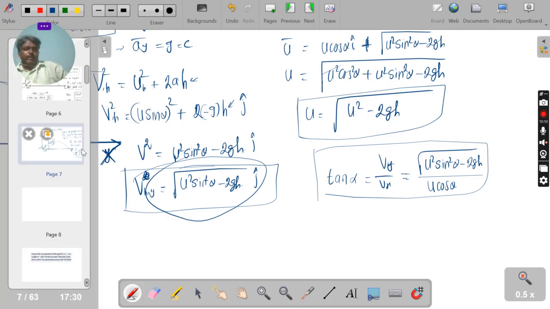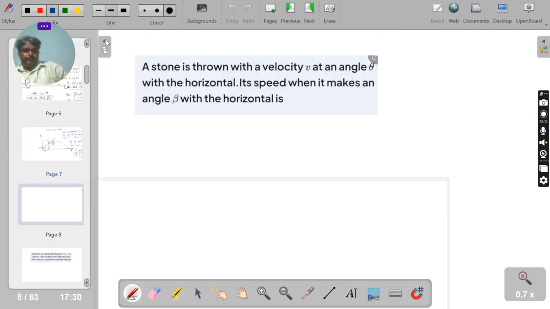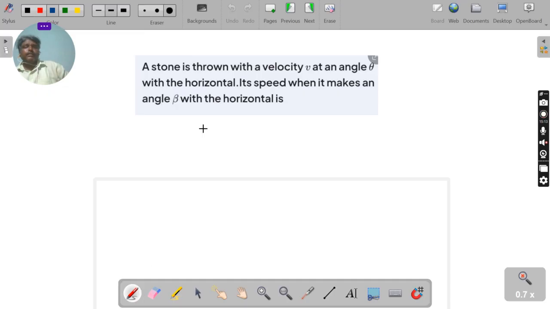Okay, solve the problem, simple problems. The stone is thrown with a velocity, initial velocity v, at an angle theta with the horizontal.